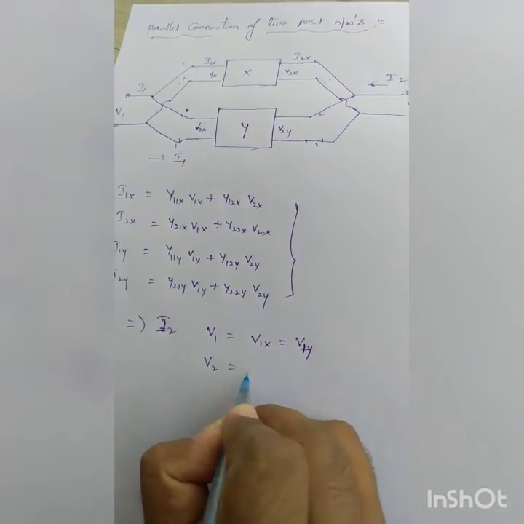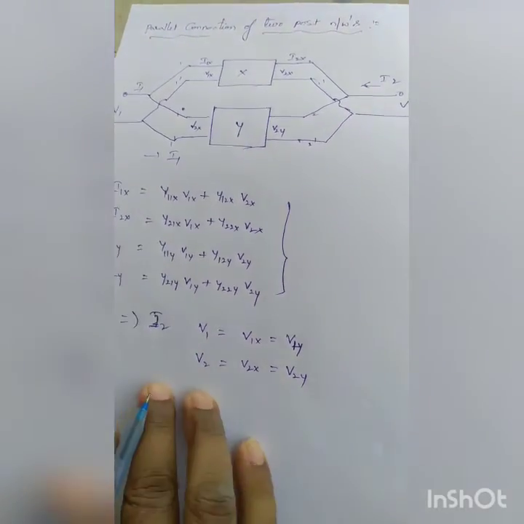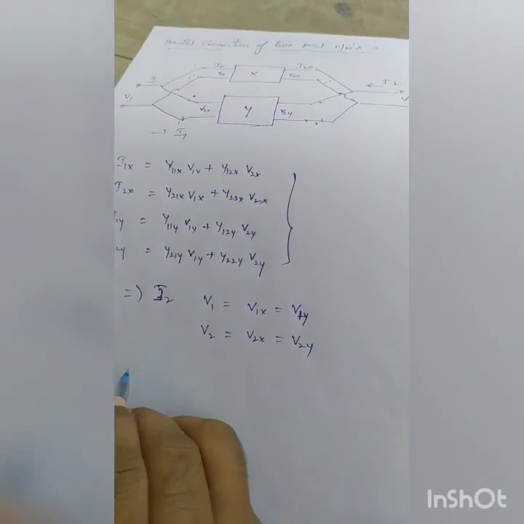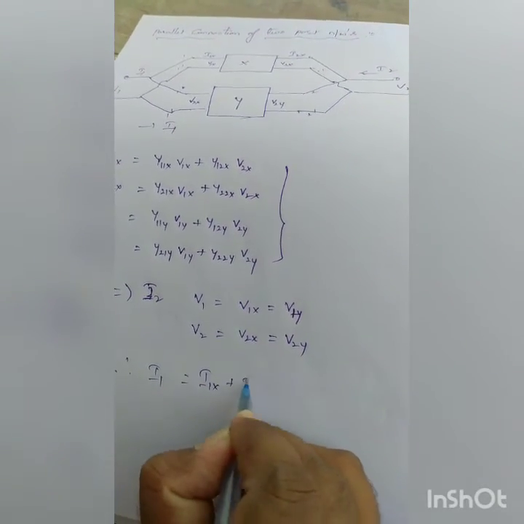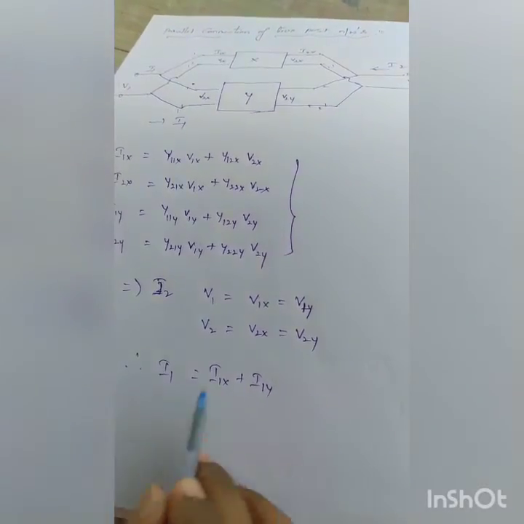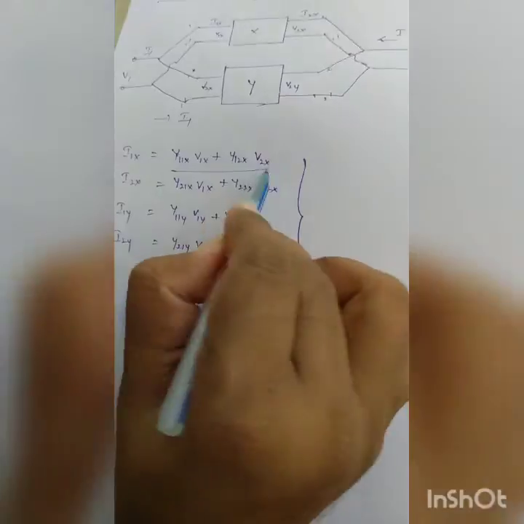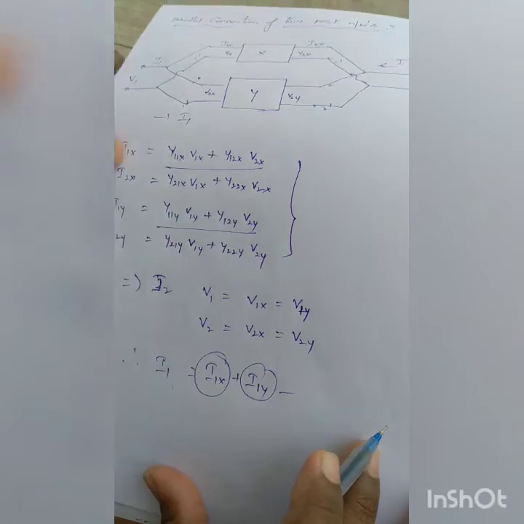V2 is equal to V2x, that is equal to V2y. Now the current I1 is equal to I1x plus I1y. I1x is this equation, I1y is this equation, and we substitute these two in I1.